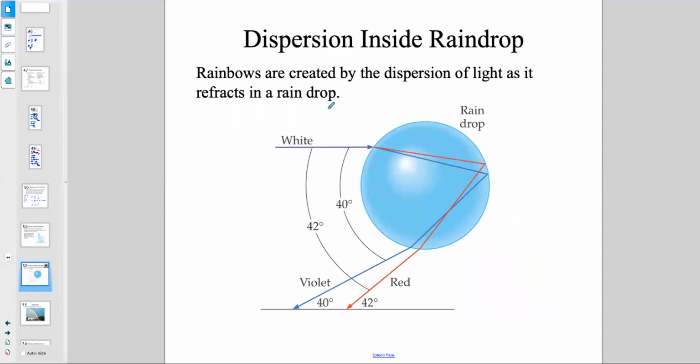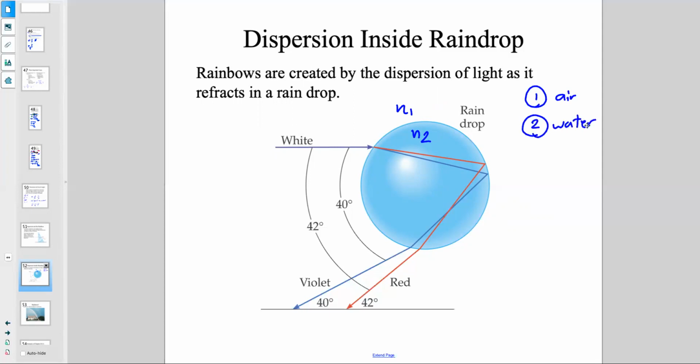So the raindrops, the rainbow, are created by dispersion of the light as it refracts in a raindrop. So what I have is a white light, which is the combination of all the lights. So this will go inside, and this is N1, this is N2. Actually, N1 is here. 1 is air, and 2 is water.